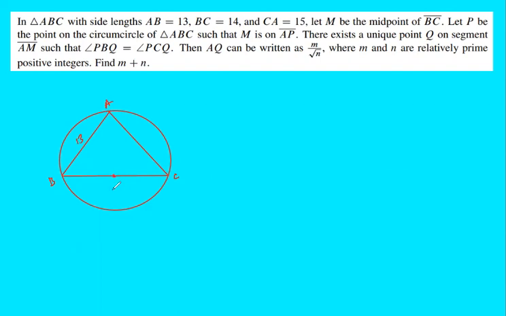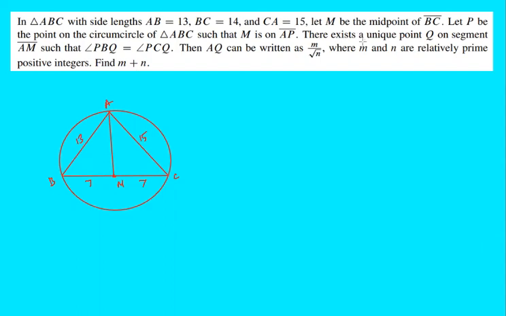So it should be right in the middle, so I'm going to call that M. And since BC was 14, these guys are 7, and CA is 15, okay. And since M is the midpoint, I can connect that as well. M is the midpoint, so AM will be the median.